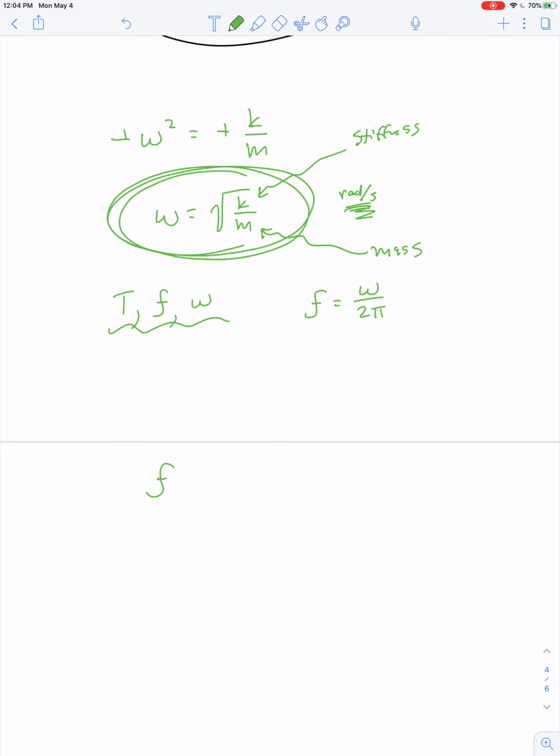If you want to know how many cycles per second, then we have to divide by 2 pi. So the frequency would be 1 over 2 pi times the square root of k over m.